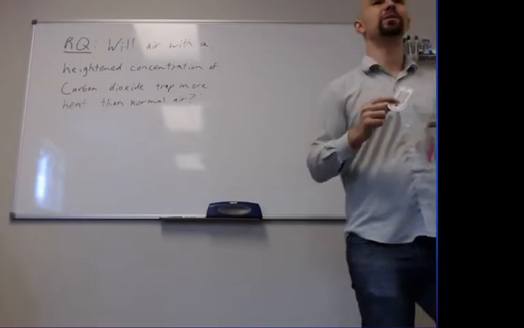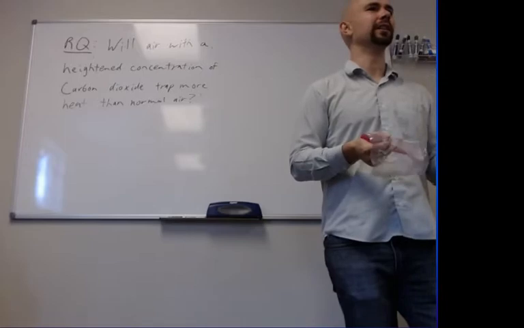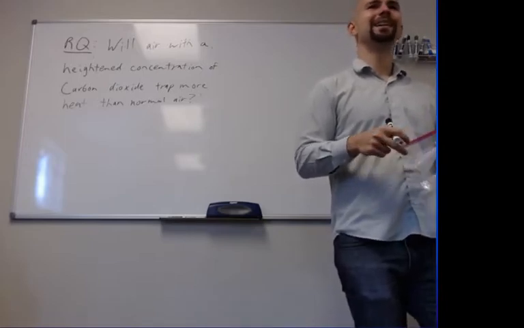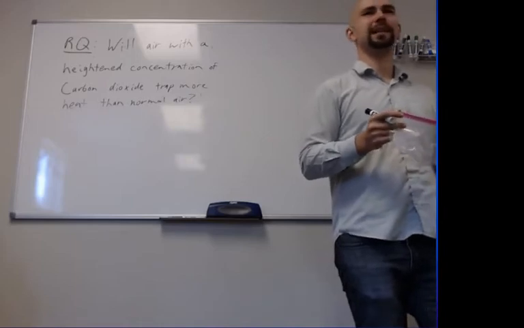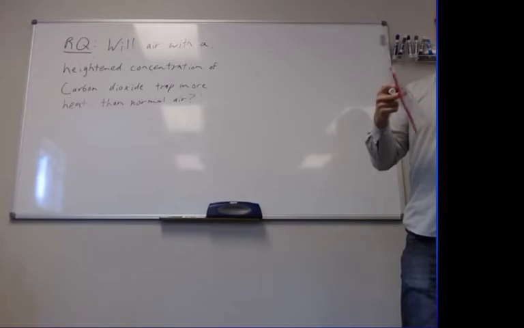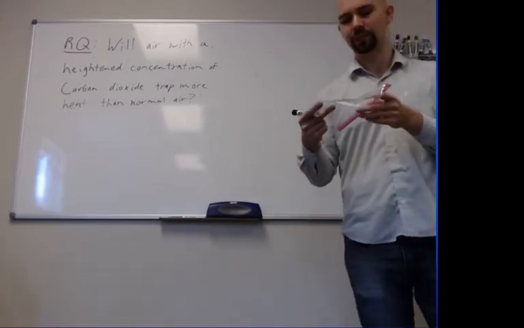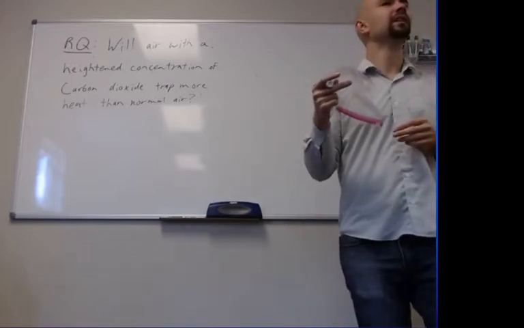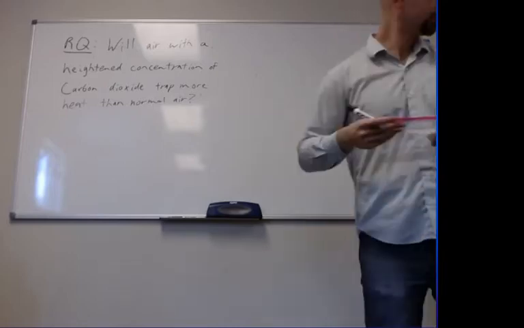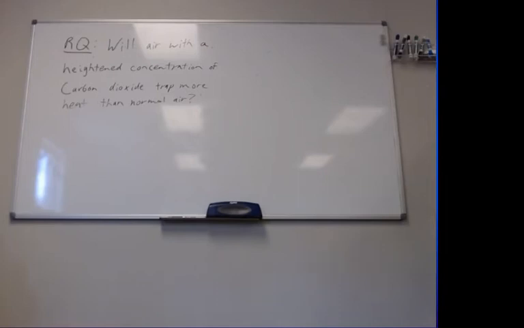One bag is just normal air, and the other is a mix of normal air and extra carbon dioxide, which we'll blow into the bag. I should label these. This will be the bag that has more carbon dioxide, so I'll write CO2.